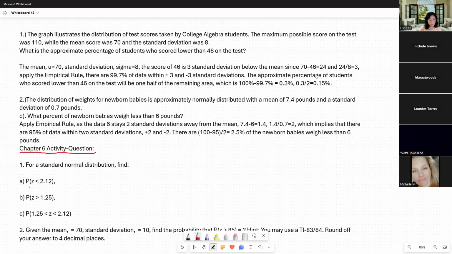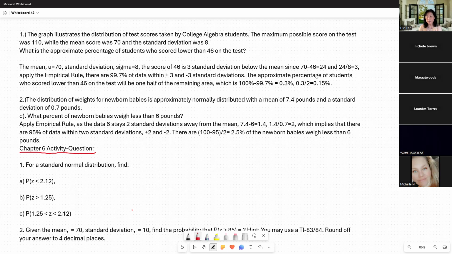And I made up 3 problems here. To answer these 3, traditionally, back 20 years ago, we had to use a z-score table. But about 10 or 15 years ago, we didn't need it anymore because the TI-83 came to the world, and we could just use the TI-83 to answer this.